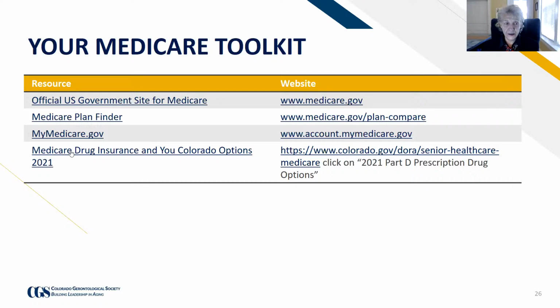We also have available the Medicare Drug Insurance and You newspaper that many of you pick up when you visit with us in person. That is part of the toolkit. You can also view that at colorado.gov and get that information there.